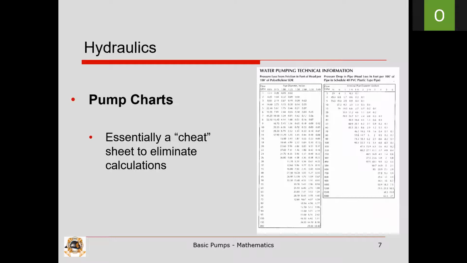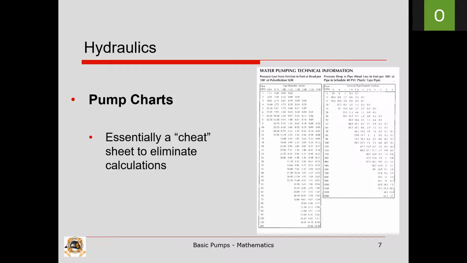Pump charts. Now this is something that works out very well on all the engines. It should be on all the engines. One of the things you should do today, after the class, is go down and look at the pump charts on each pump panel and see if there's one there. On engine 6 and on ladder 1, there are pump charts, and it should be a colored sheet that says Fireground Hydraulics on it.